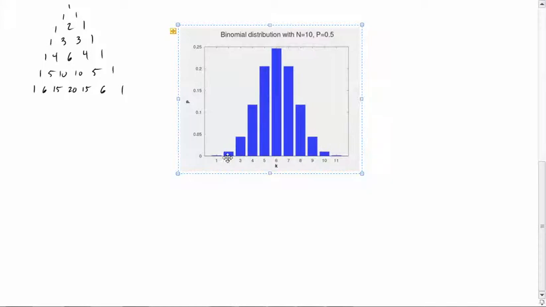The nice thing about that is that all of these rectangles then add up to 100%, which therefore is a probability distribution function. Okay, so now with this, do you recognize what this looks like? It looks an awful lot like a bell curve.